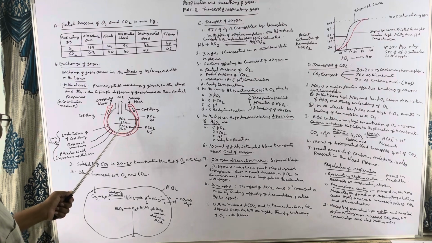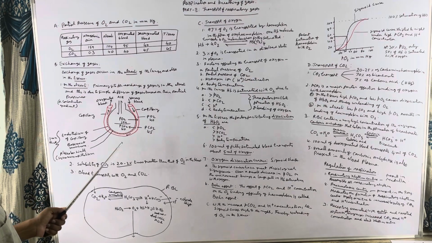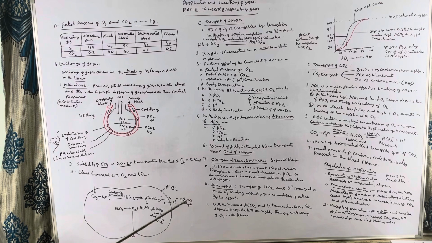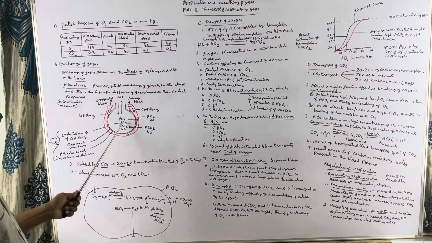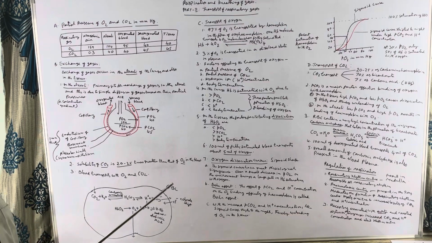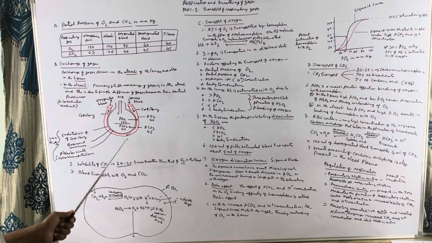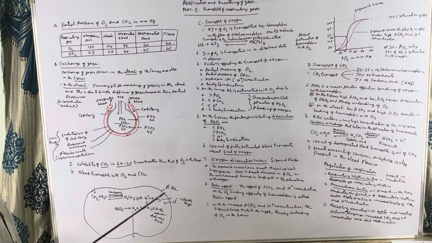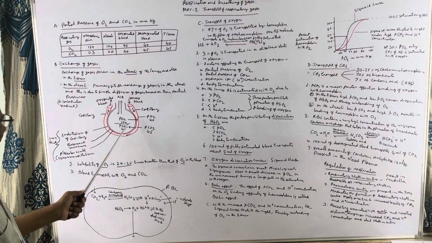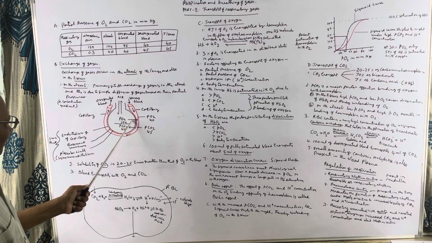So, in this way, there is exchange of gases based upon the difference in their partial pressure. So, this diffusion is passive. No energy is spent because the partial pressure of oxygen is high in the alveolus and less in the blood flowing through the capillary. Oxygen moves from alveolar cavity into the blood.